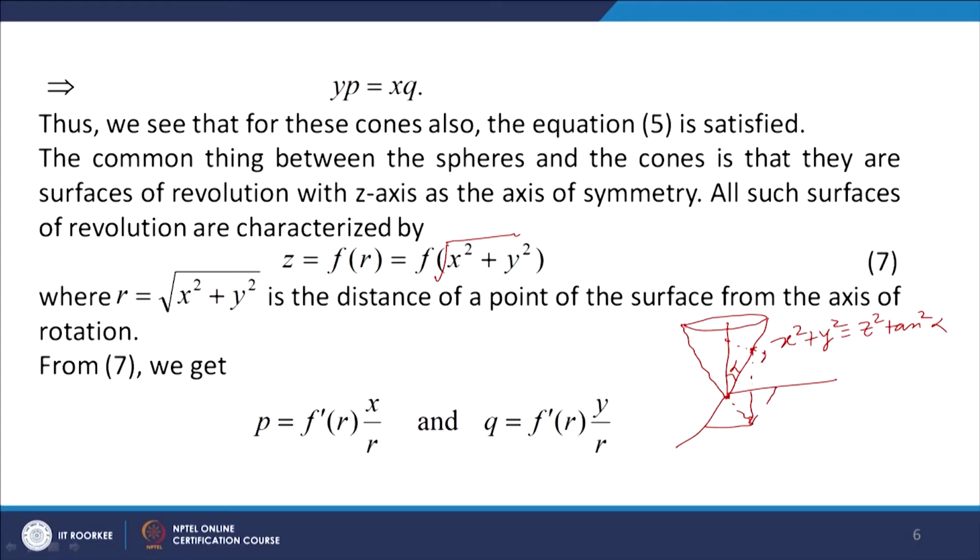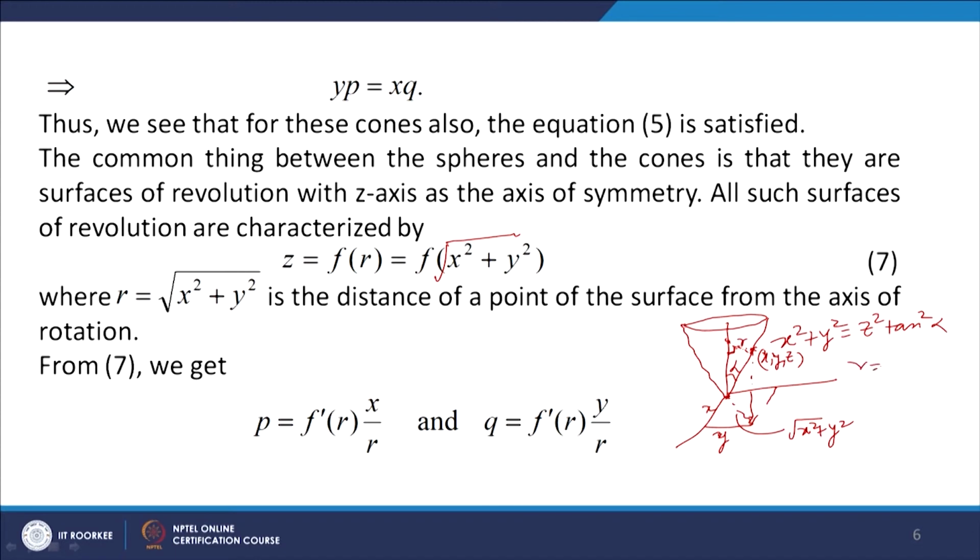If this point is x y z, then this is your x and this one is y. So, this distance is under root x square plus y square, and therefore the distance of the point x y z on the surface of the cone from the z axis, this is perpendicular, 90 degrees, is also under root x square plus y square.